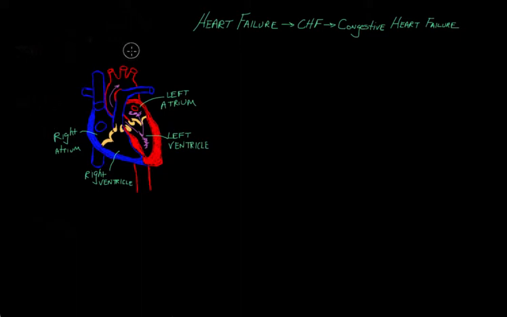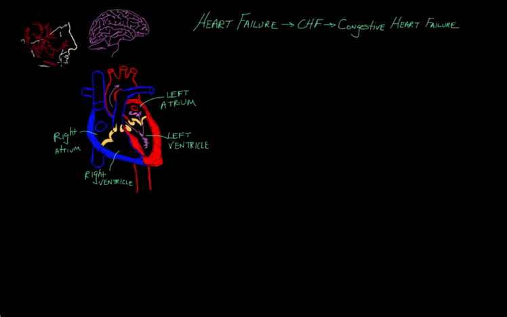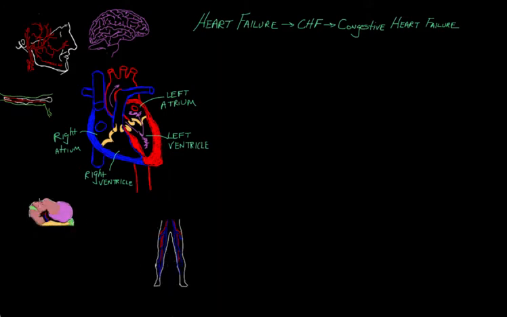So I think up here we got our brain. So our heart pumps blood to the brain, and it pumps blood to our face, and it's going to pump blood over here to our upper extremity. And then the blood that is pumped down goes to our lower extremity, as well as all the organs in our abdomen. So our blood is pumped everywhere in the body, and that's oxygenated blood.